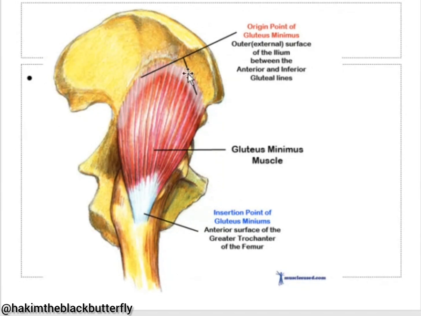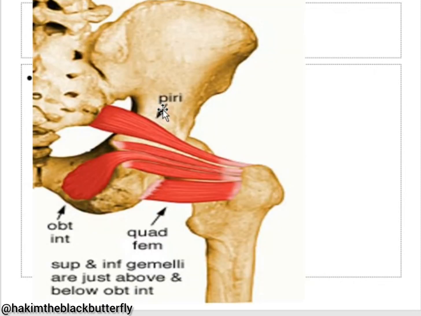This is what we call the anterior gluteal line. And between the posterior gluteal line and anterior gluteal line, this is where Gluteus Medius originates from. Then between the anterior gluteal line and the inferior gluteal line, which is obstructed here, that is where the Gluteus Minimus originates from. You'll go and look at those gluteal lines.